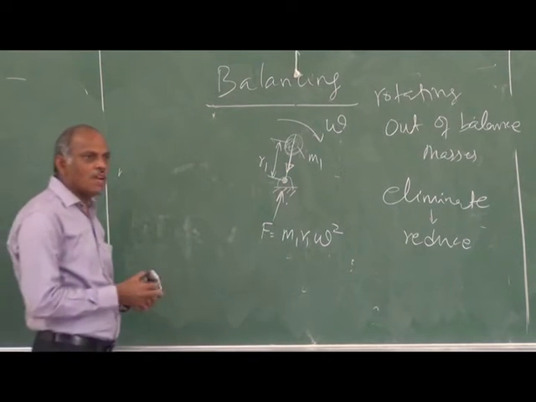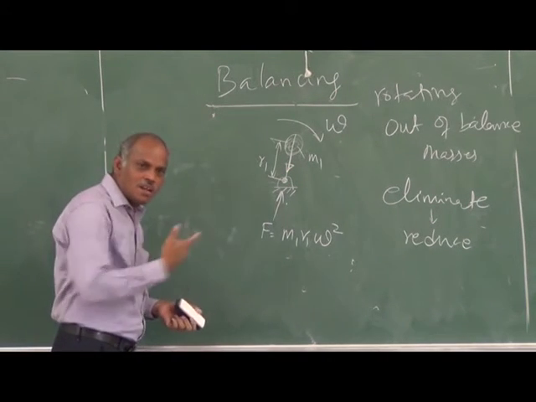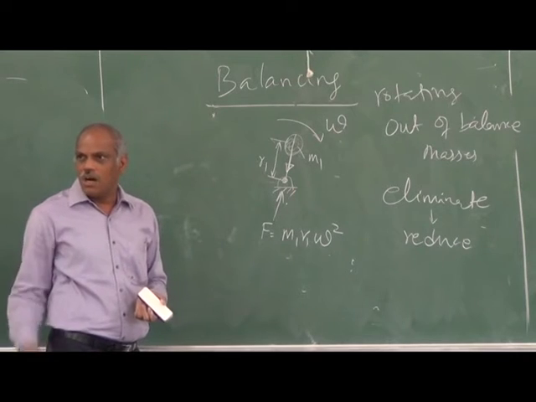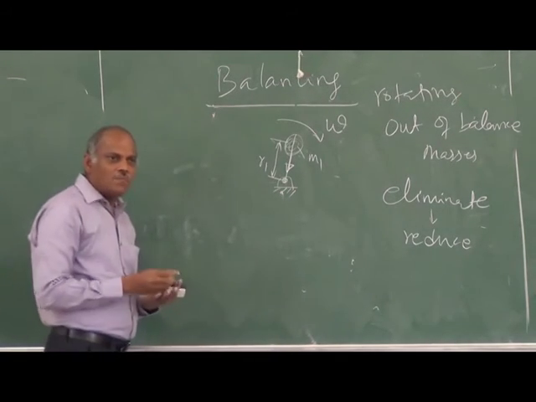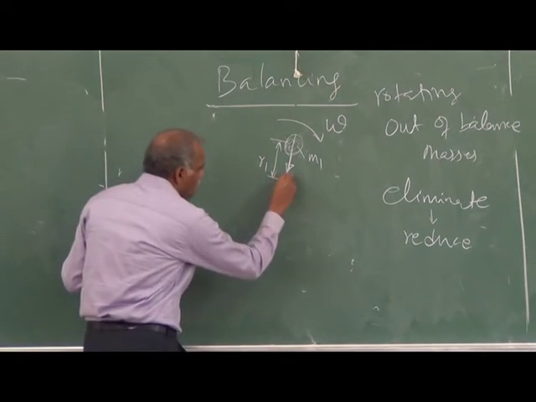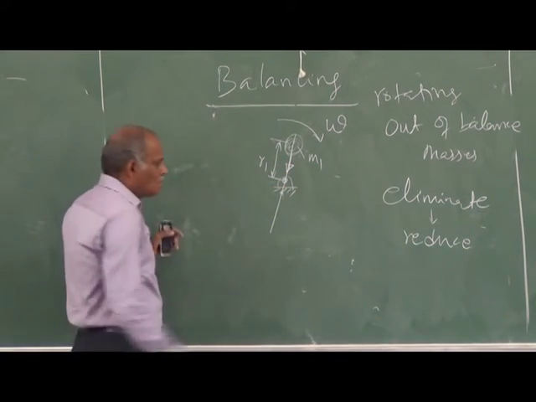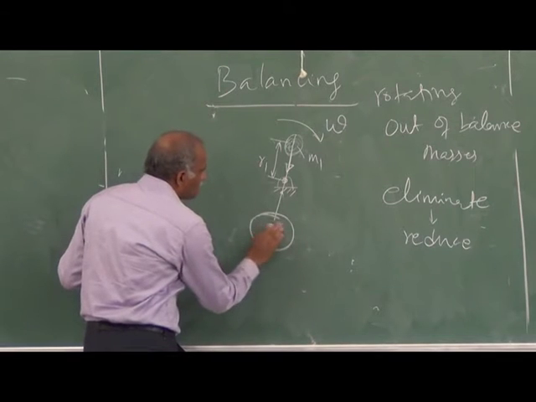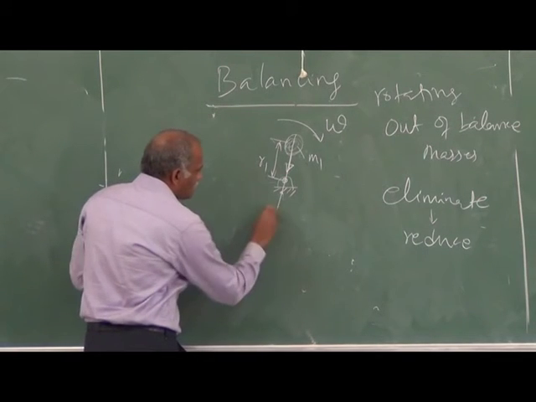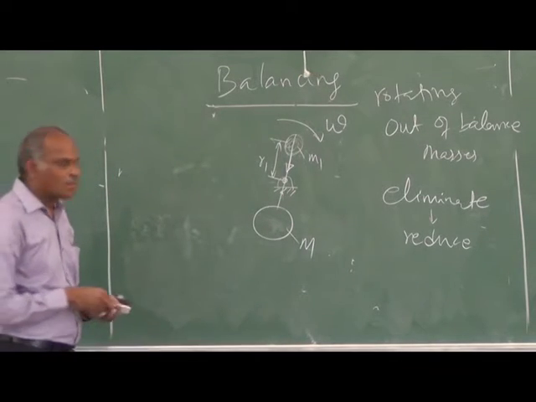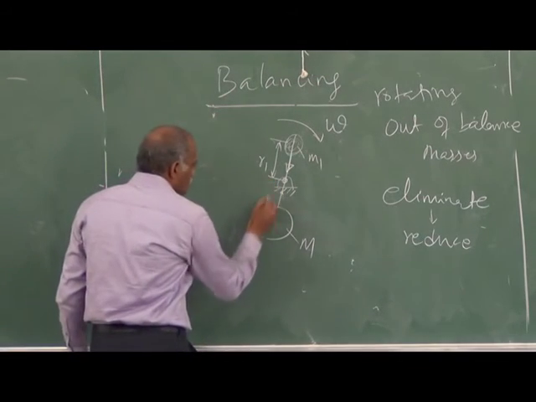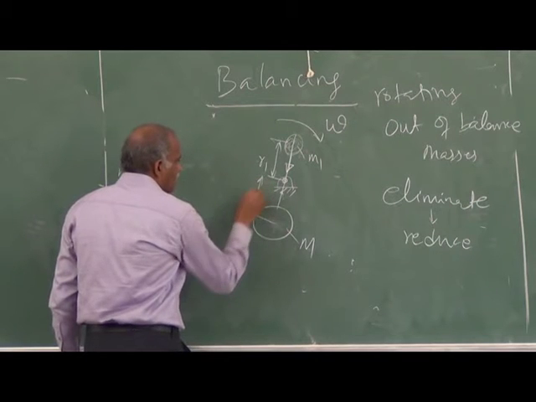That equivalent force can be applied by an external means, or in a simple way, change the configuration of this linkage such that you introduce a mass m at the radius r.